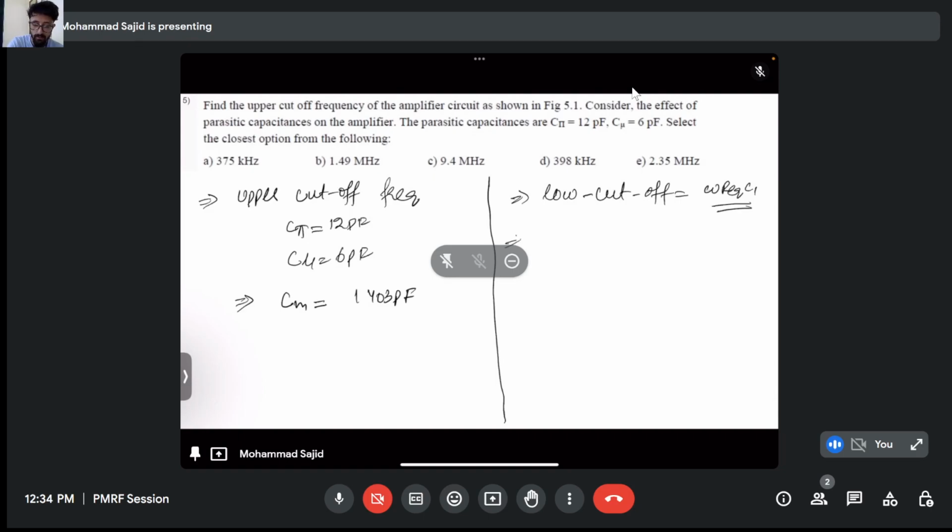Now to find the upper cutoff frequency, what we have to do is we keep C in and short every other capacitor, so we'll get it like this.